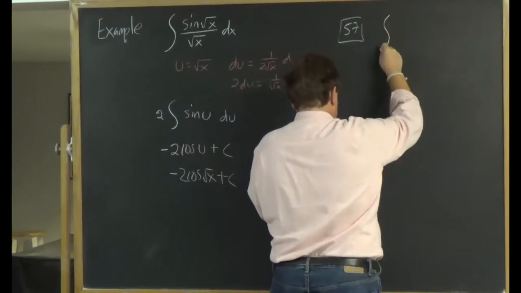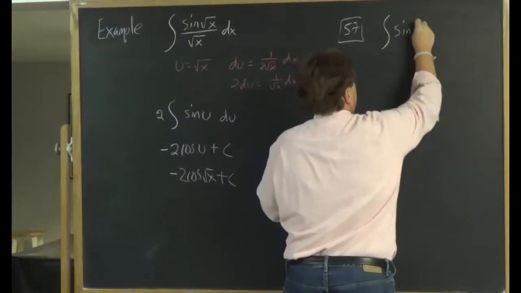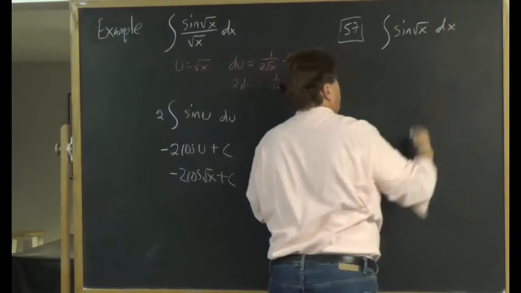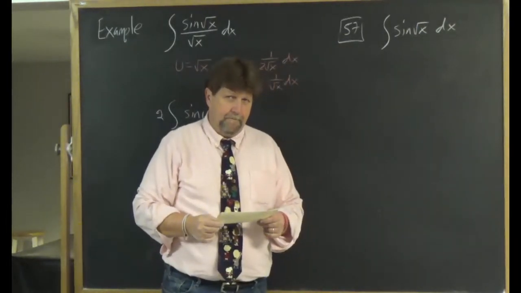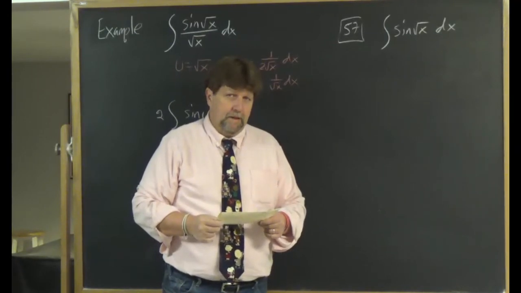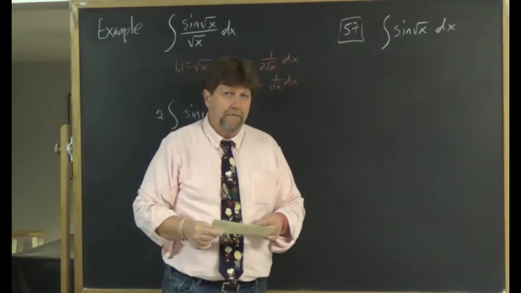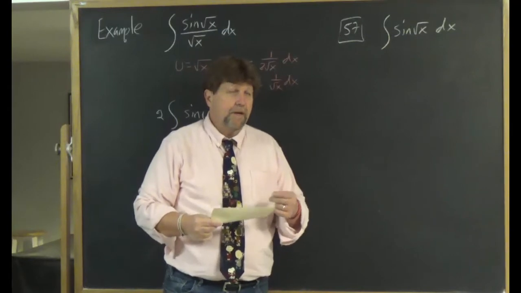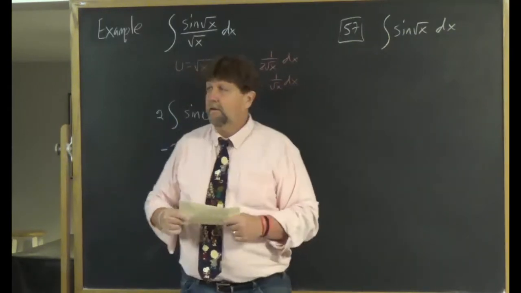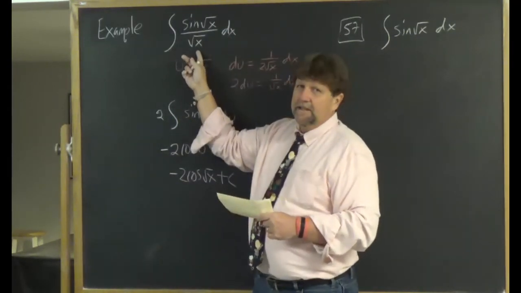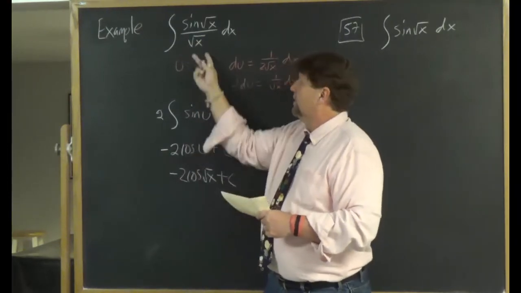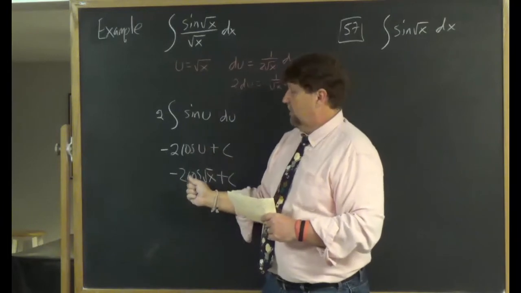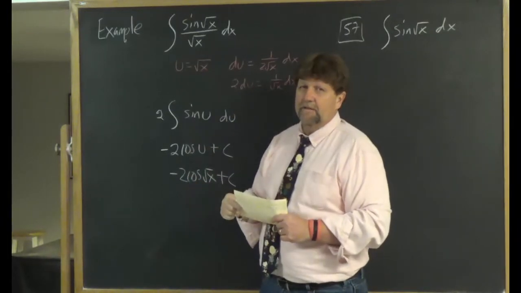In 57, you're asked to integrate the sine of square root x dx. So there's a trick here. The trick is to rewrite that integrand so that we would see this, because we know what the antiderivative is for sine square root x over square root x. We know that antiderivative.